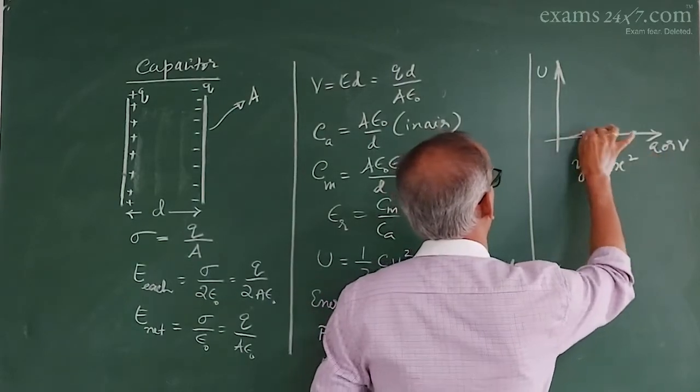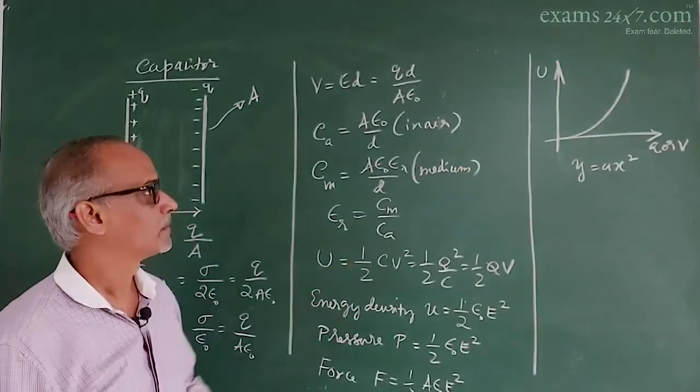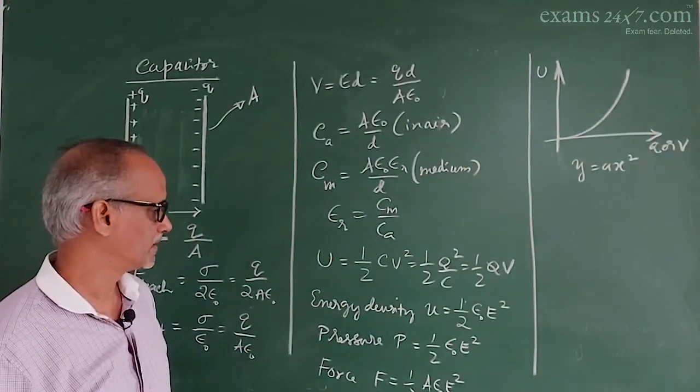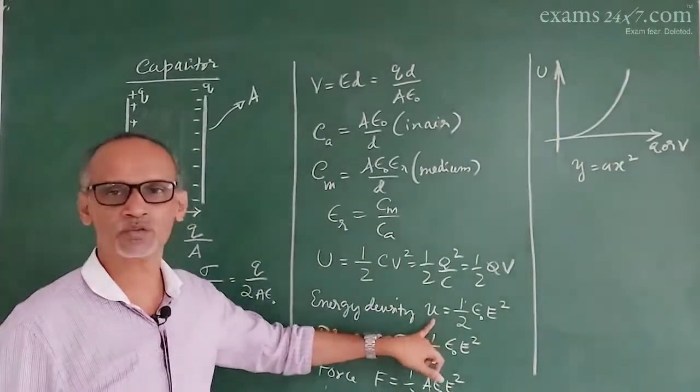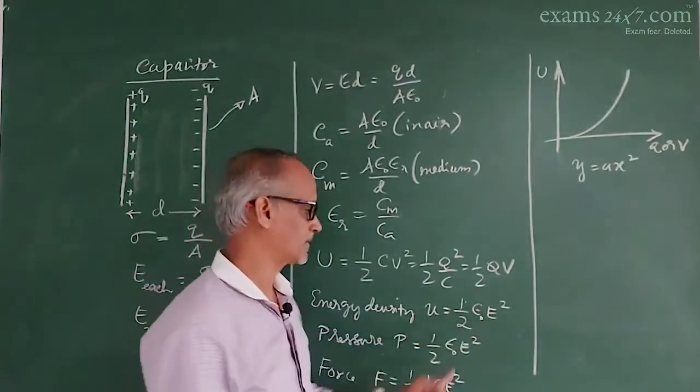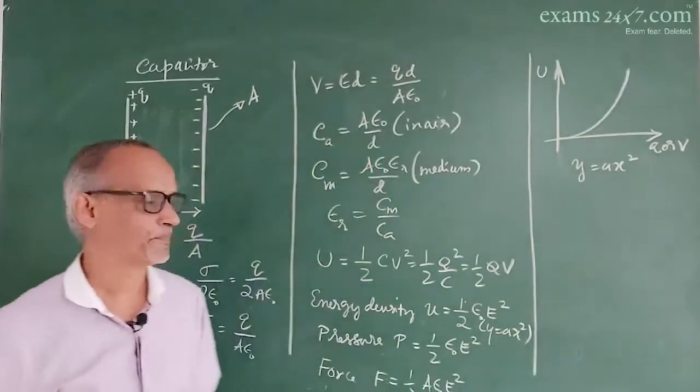So that's why you will get a parabola symmetric about the y-axis. Similarly, the equation for energy density U versus E is again of the same form, y is equal to x square. So again you will get a parabola.